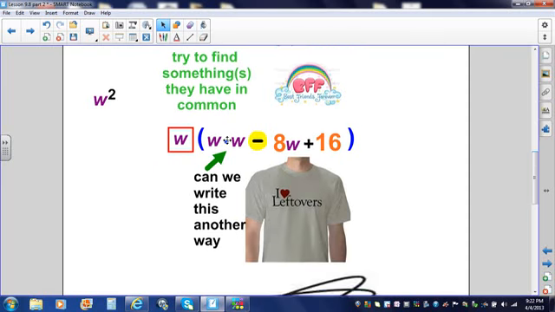Now, we ask ourselves, can we write w times w another way? Yes, we can. So now we have w, parentheses, w squared minus 8w plus 16.